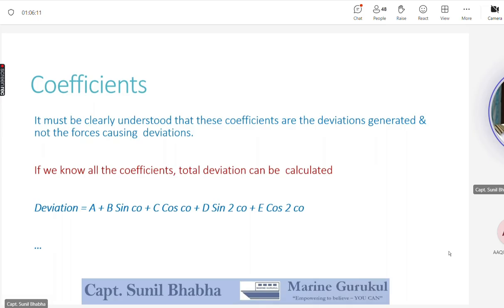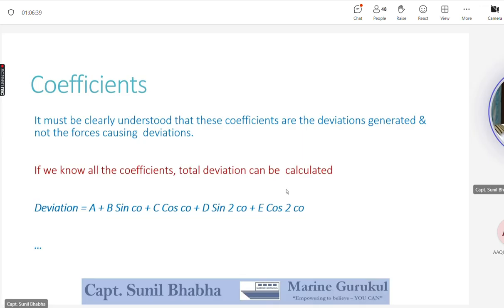Okay, all right. So now what we will be doing is going into these coefficients one by one, starting with coefficient A, and we will be discussing them in detail. You get questions in your exams on explaining all these coefficients. So you may get a full-fledged question, 25 marks, explain coefficient A of the ship, or explain coefficient Bravo or Charlie or Delta or Echo.